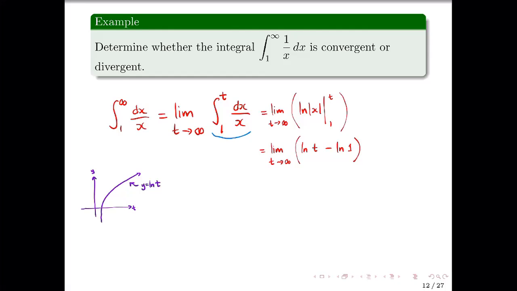So the answer here is plus infinity, and therefore the limit does not exist. Therefore, the improper integral is divergent. So the integral from 1 up to plus infinity of dx over x is divergent.